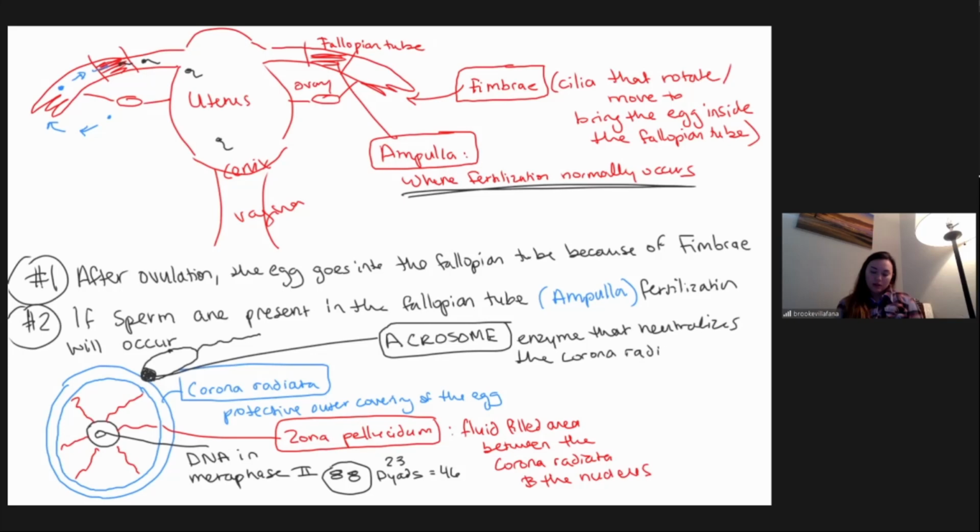So essentially, the sperm approaches the egg, it releases this acrosome that allows it to get inside the egg, and inside of the sperm, it has its own 23, remember? Because all the way back here, what was a sperm?